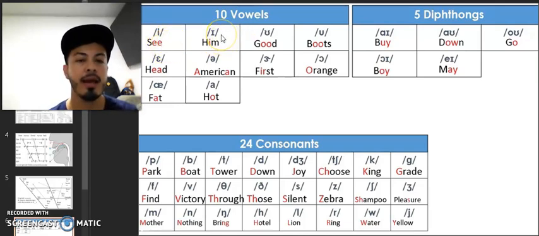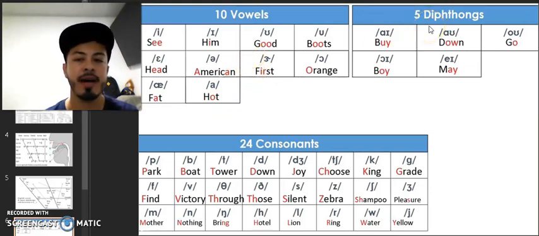Then we got I, him, good, boots, head, American, first, orange, fat, hot. Alright, so these are the sounds for the 10 vowels.